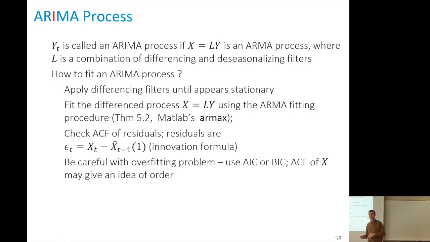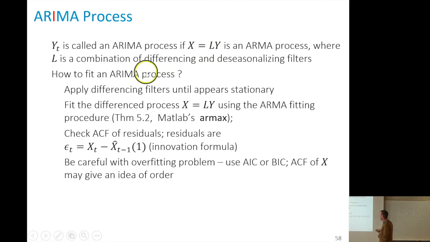An ARIMA process is not, because we have applied a filter that is essentially not reversible, and the time series that I mentioned before will diverge. They go to infinity. So an ARIMA process is not stationary, and we have to be aware of that when we use it for modeling.